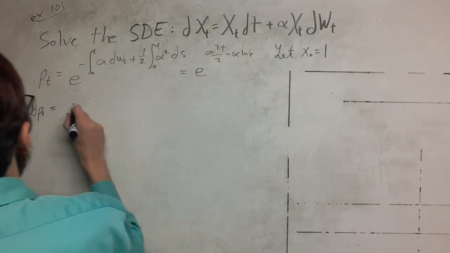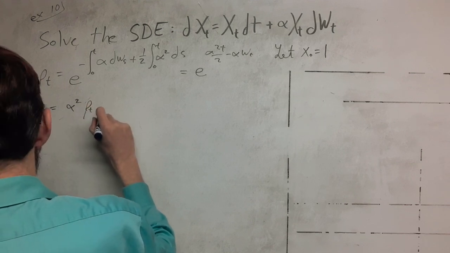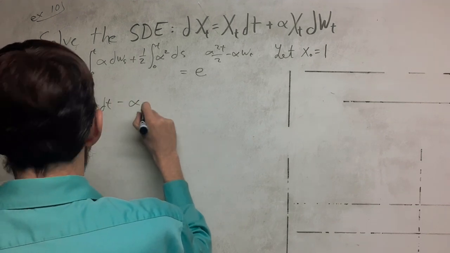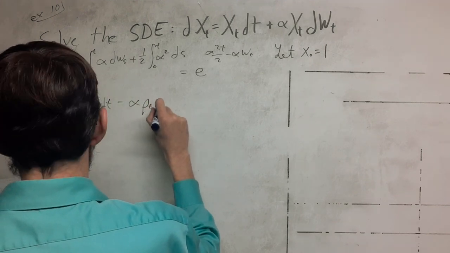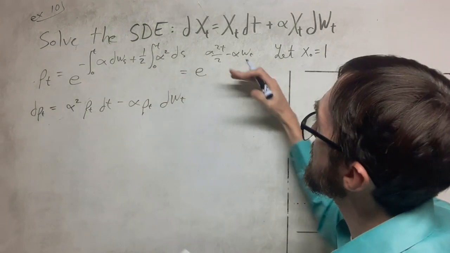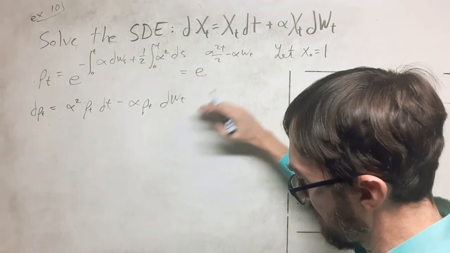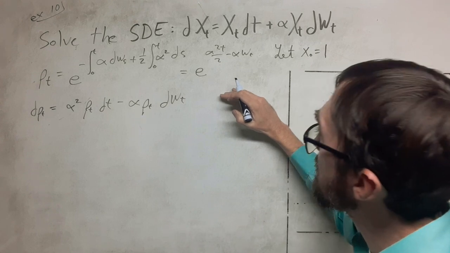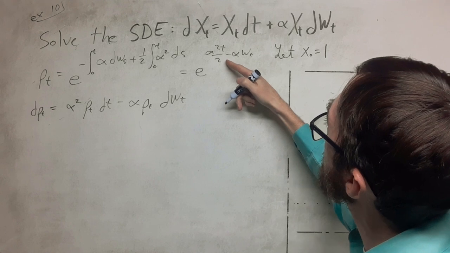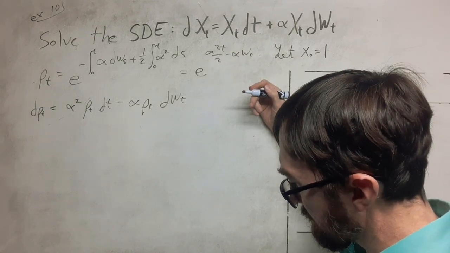This should be alpha squared rho sub t dt minus alpha rho sub t dWt. And skipping steps and getting from here to here, we generate 3 terms. 2 of them add together to eliminate this half piece because 2 halves make a whole.